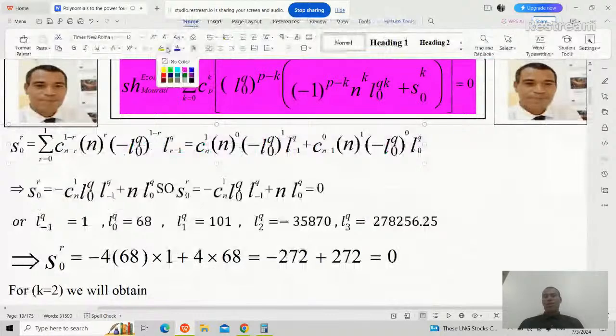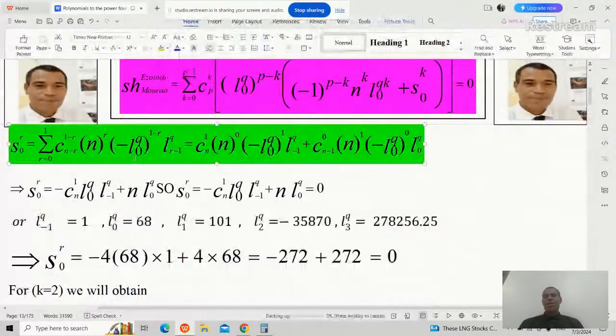Okay, and we'll check. So we told S0 of order r is the sum from 0 to 1, combination n minus r, choose 1 minus r, n raised to the power r, between parentheses, negative L0 of order q raised to the power 1 minus r times Lr minus 1 of order q.